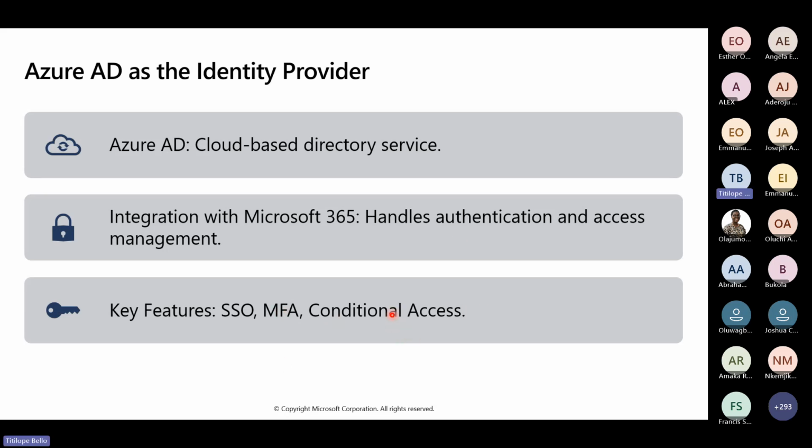Then we have what we call conditional access. How does this work? Let's say the policy says everybody, once they are in the office and using your office internet, meaning your office public IP address, you want to ensure that they can easily log in without being stressed or asked anything else. So you configure conditional access to allow users to log into the platform when they are within your office building and using your internet.